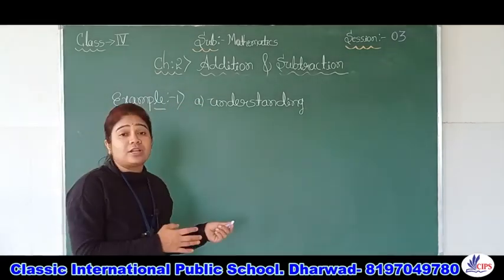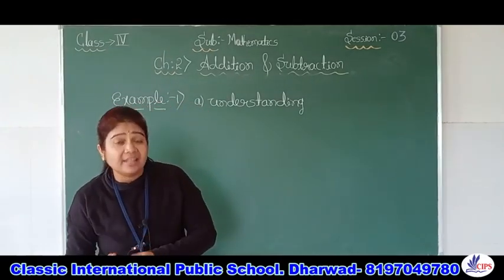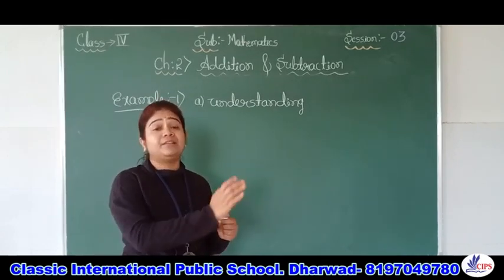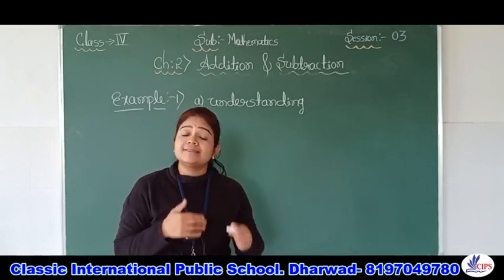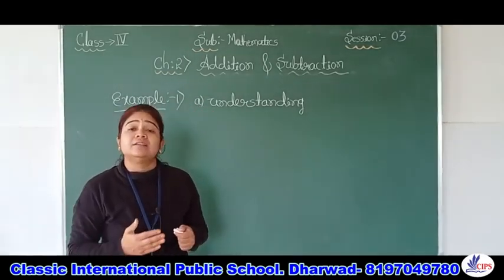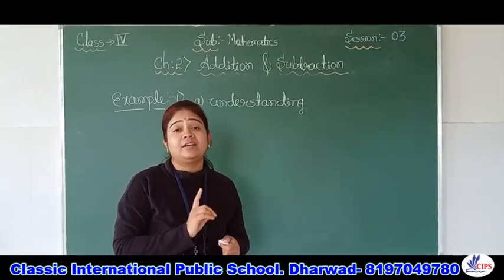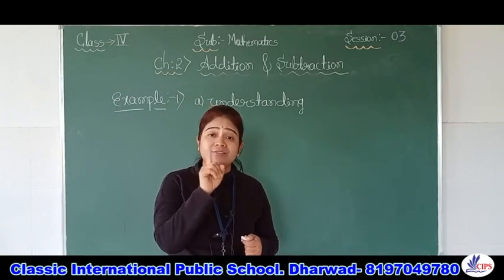Similarly, here whatever numbers are given, we have to add and say the total. How many people visited the book fair? Okay, so like this you have to analyze each question, each word problem. Then only you will get how to solve that problem. Okay, this is the first step.